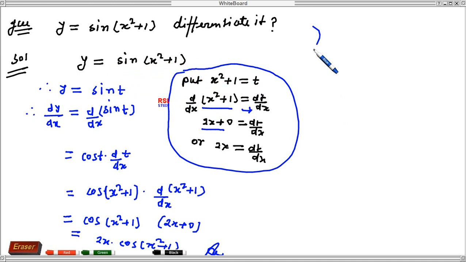Put this as t, then this will be sin t, and differentiating with respect to x, you will get cos t and dt/dx. So t can be written as x square plus 1. Differentiating this, you will find 2x plus 0. This will behave the same as x power n. So finally this will be 2x times cos of x square plus 1.